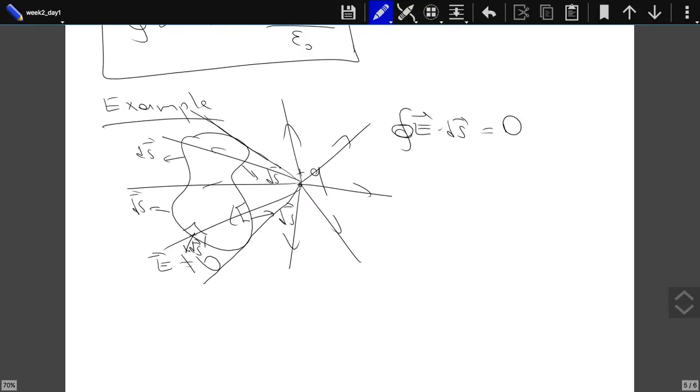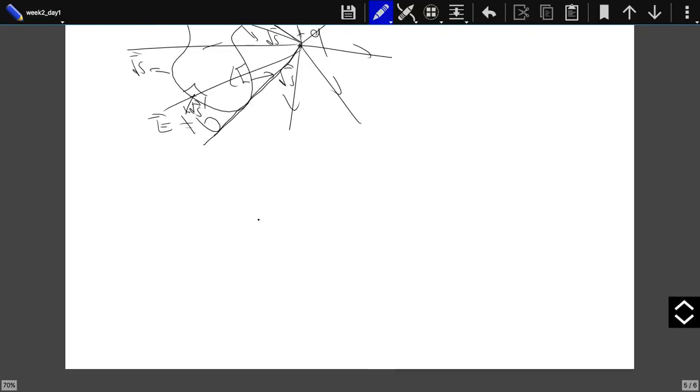This one. Well, this angle can be large. This one. Now, even if it's a sphere, it will not be equal. Let's just draw the sphere. Let's draw the sphere. And the point.